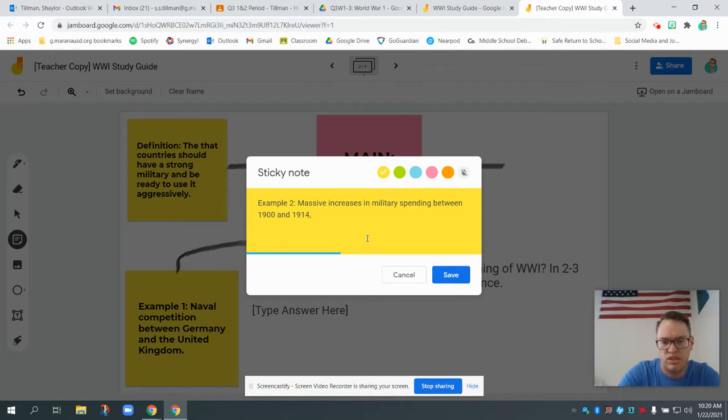So in the years, and you could, instead of putting the exact dates, you could say in the years leading up to World War One. So tons of countries, the amount of spending on military infrastructure, crazy amounts of money is increased there. So you could put that.